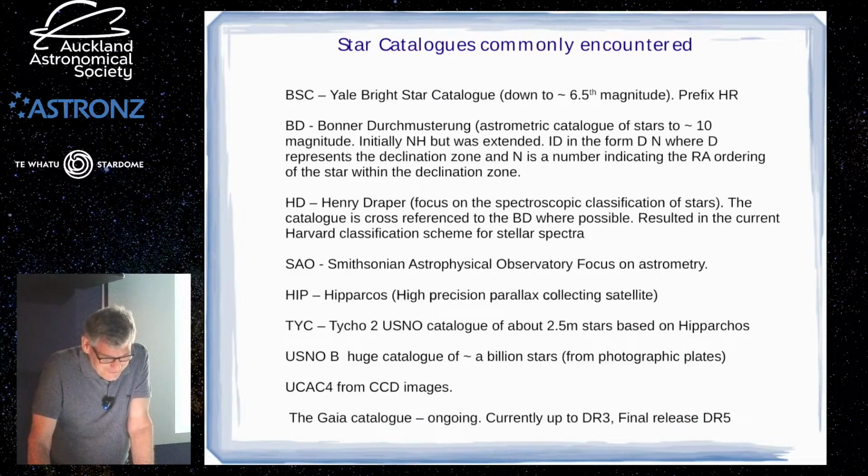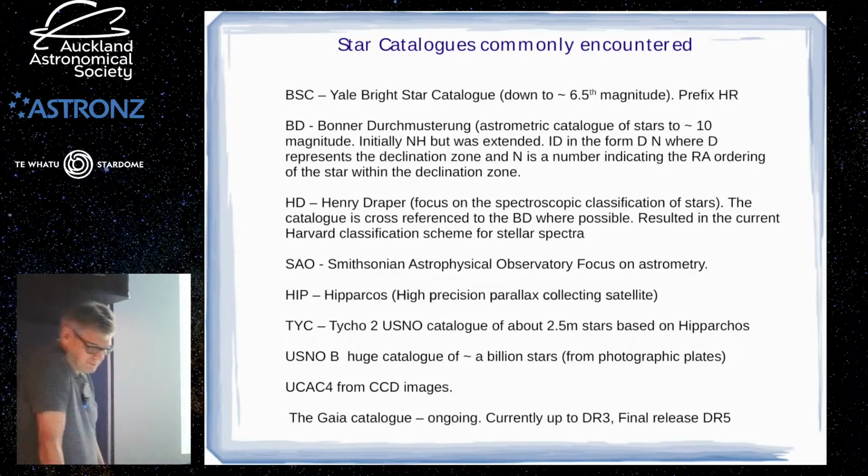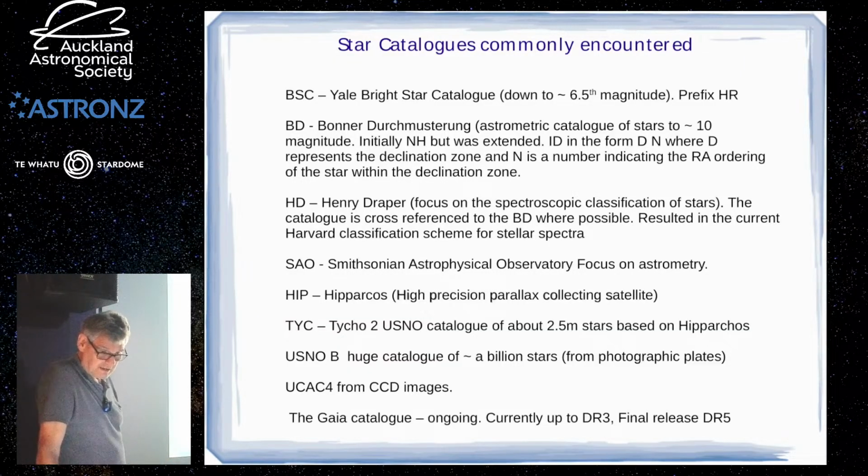Okay, right. This is just a list of the catalogues that you are likely to come across in your reading, or a lot of the planetarium programs will mention these, or news articles will say such and such a star. There's the Yale Bright Star catalogue, so that's only probably about the 6,000 or 7,000 brightest stars.